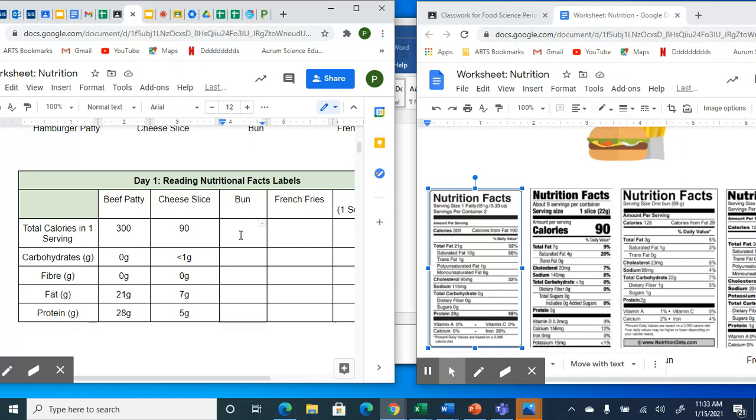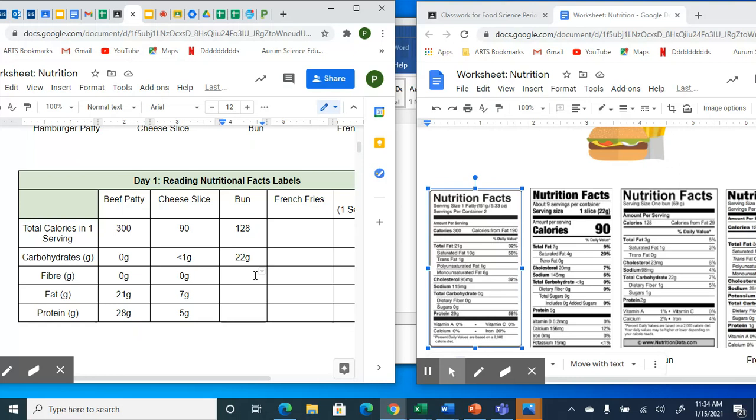All right, so now we have one bun is 128 calories, carbohydrates is 22 grams. I wonder why all of a sudden. What's the difference with the bun? Well, remember grains.